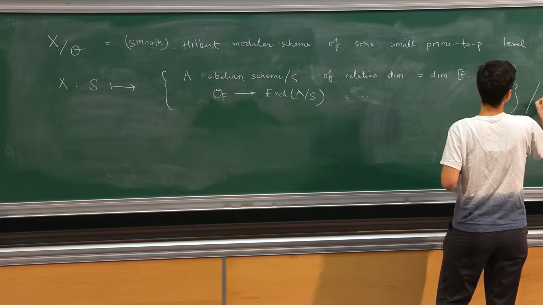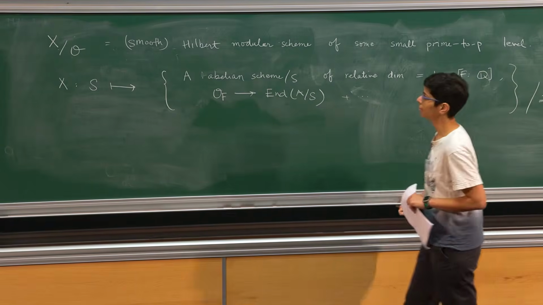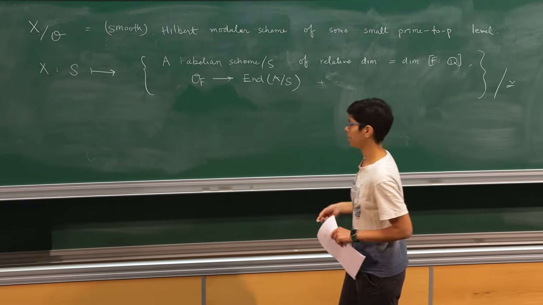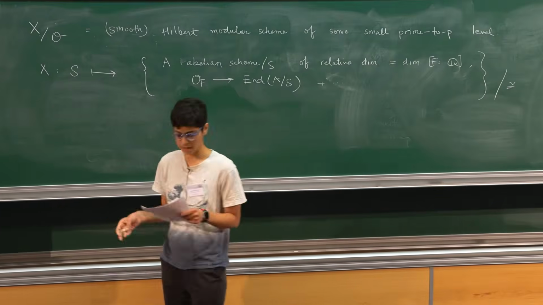And we look at the isomorphism classes of this data. And in particular, it generalizes the modular curve when F equals Q.